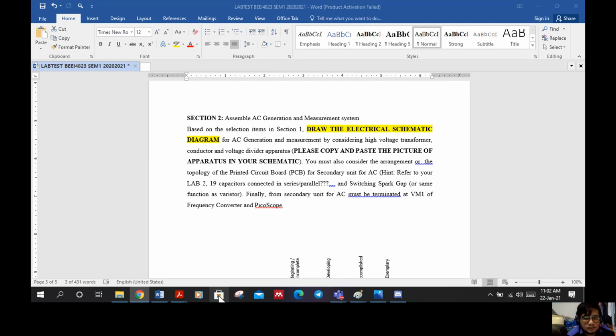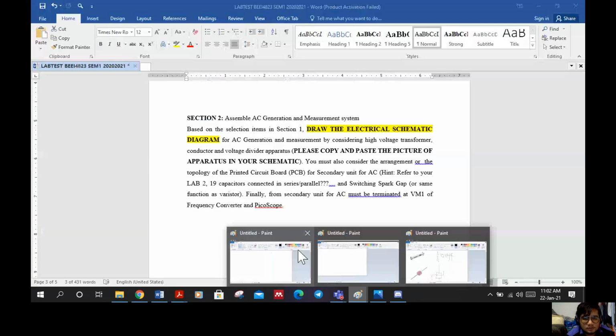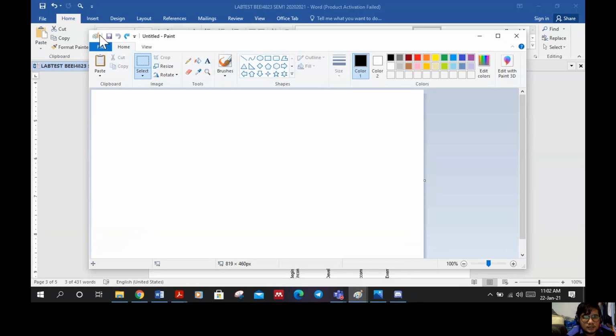Okay, the capacitor must be connected in parallel.